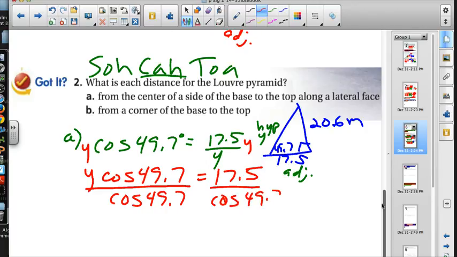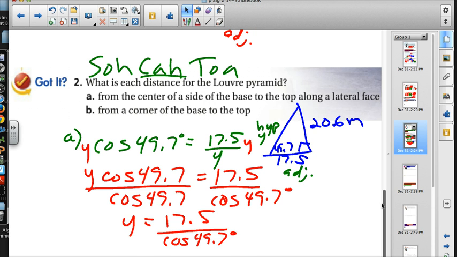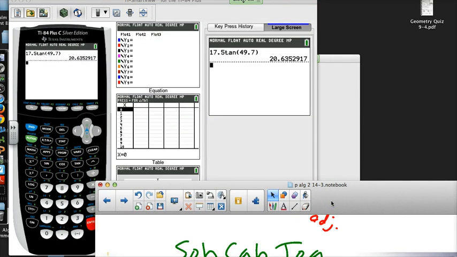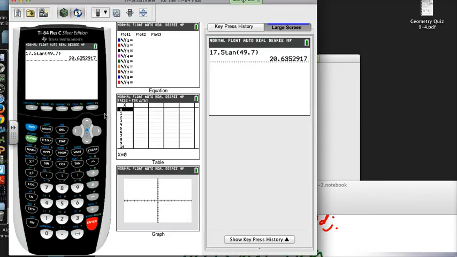Because again, that is just a number. It's in my calculator and it's ready to go. So I have to grab my calculator and punch in 17.5 divided by the cosine of 49.7 degrees. So calculator, we need 17.5 divided by the cosine of 49.7 degrees.